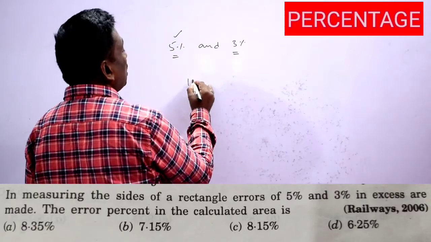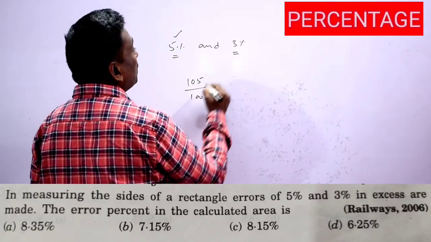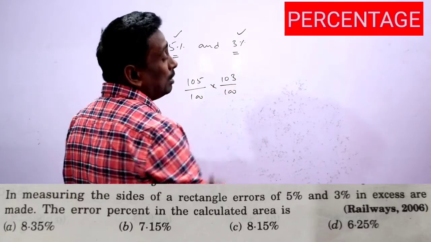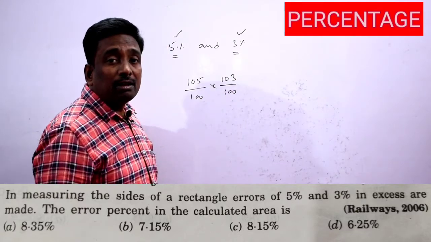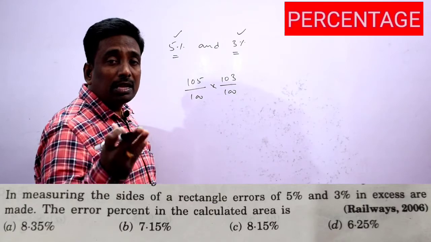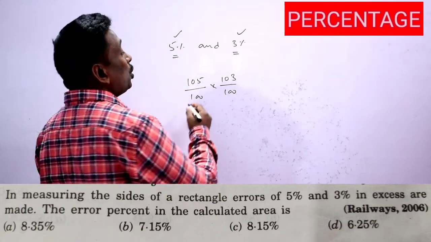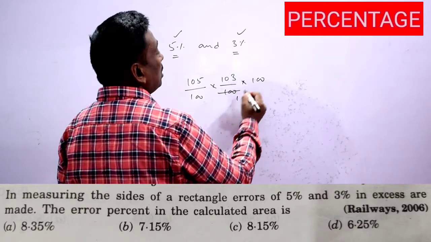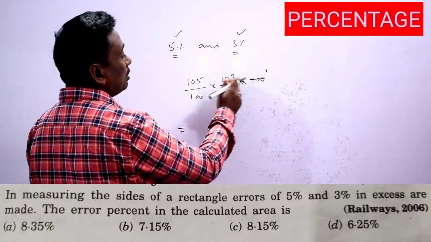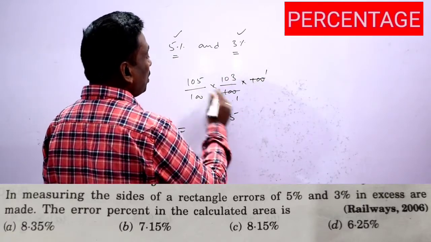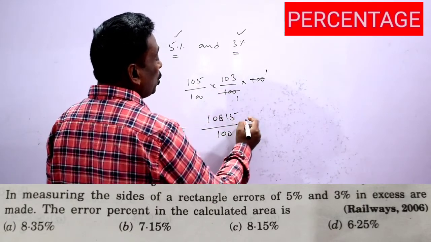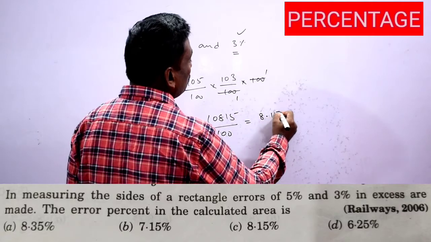5% excess means 105 by 100, 3% excess means 103 by 100. If it is excess, add that value to 100, if it is less, subtract from 100. You know that when two percentages are given, multiply directly like this. Here you know the shortcut for this, 5 3s are 15, 105 plus 3 is 108 by 100. By removing these two zeros, you can put two decimals in the numerator.